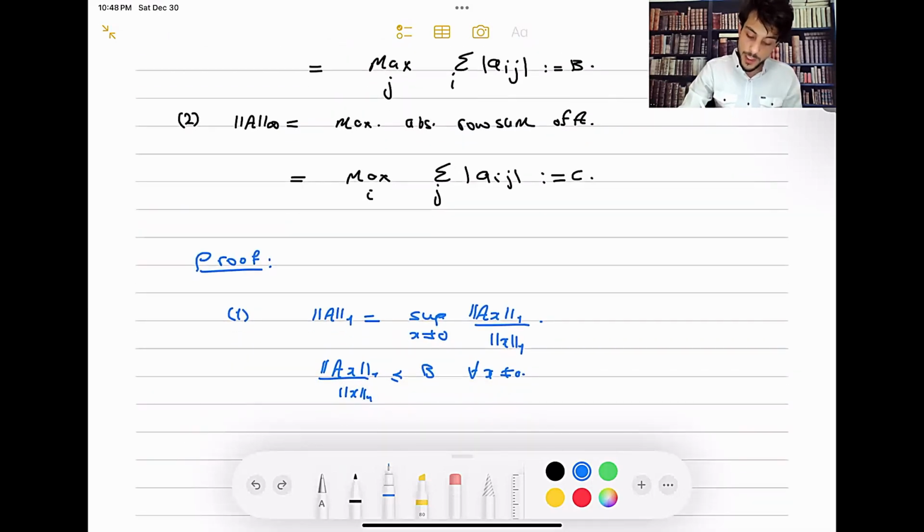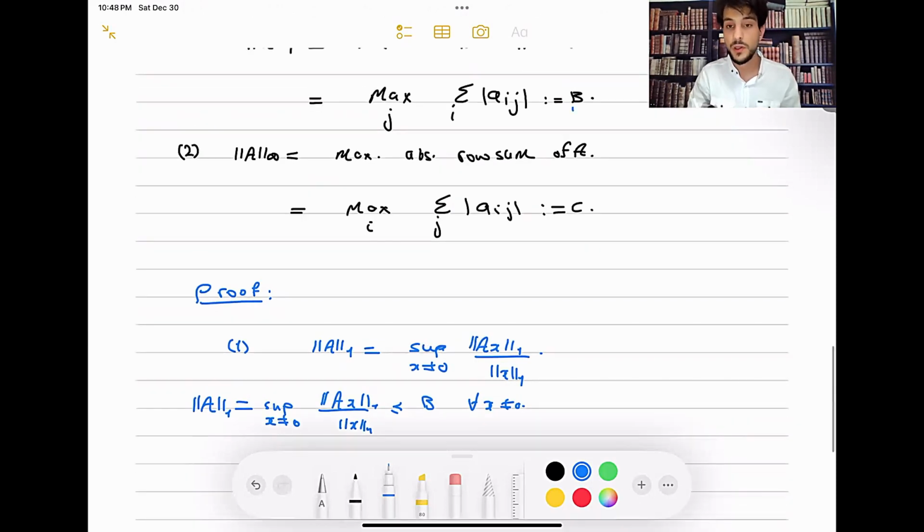If we do that, then we can take the supremum over all these x's, and we get that the one norm of A is less than or equal to the value B that we're looking for. So we would get one inequality if we could do that.